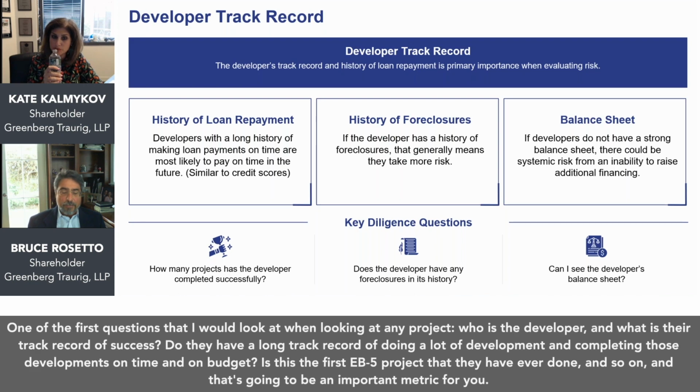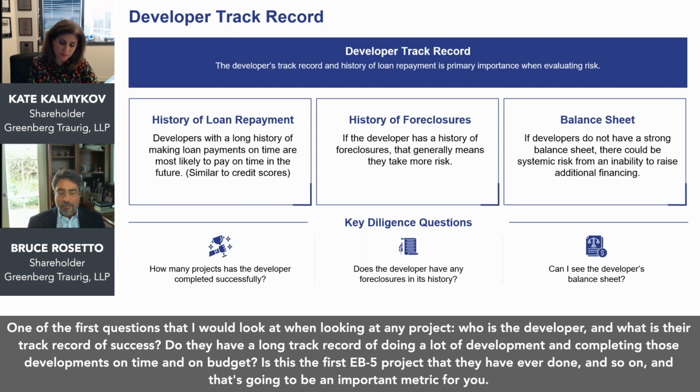One of the first questions that I would look at, when looking at any project, is who the developer is and what is their track record of success. Do they have a long track record of doing a lot of development and completing those developments on time and on budget? Is this the first EB-5 project that they have ever done?